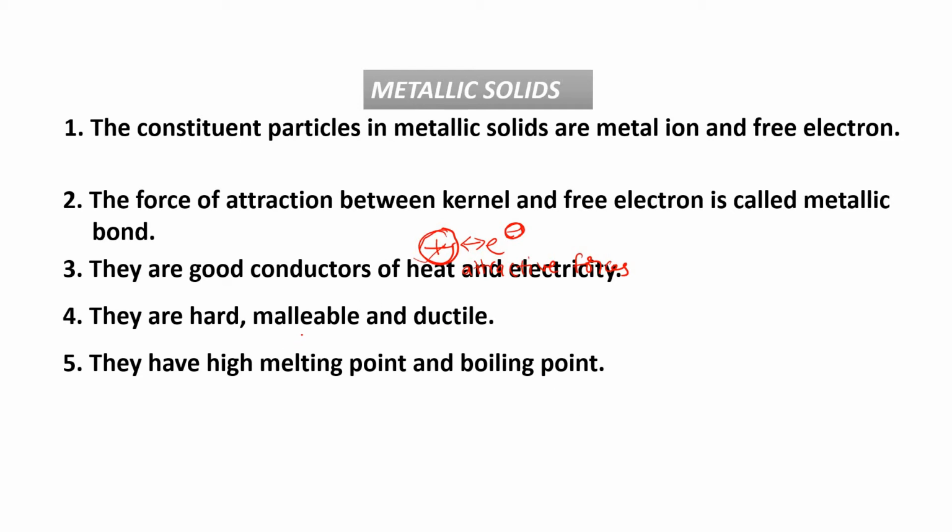These properties are exhibited by metals because of having kernels. When you beat them, they get into thin sheets because some space is present between the kernel and electron. That small space is broken or removed when you beat it into a sheet here.